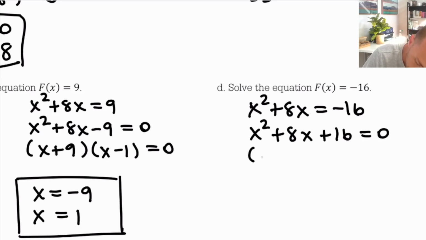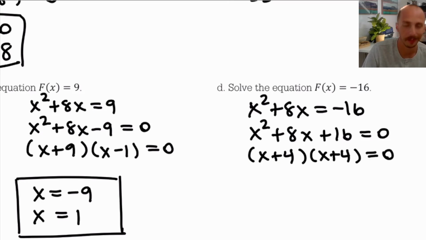So you have x plus 4 multiplied by x plus 4. Okay, and so we can see that either x plus 4 is equal to 0 or x plus 4 is equal to 0. Well, we already knew x plus 4 is going to potentially be equal to 0. So the second factor didn't give us an additional solution. But I think we'll talk more about multiplicity of solutions at a different time. Yeah, I think once we actually talk about polynomials in general. So I'm just going to say, okay, well, this is only going to happen when x is negative 4.